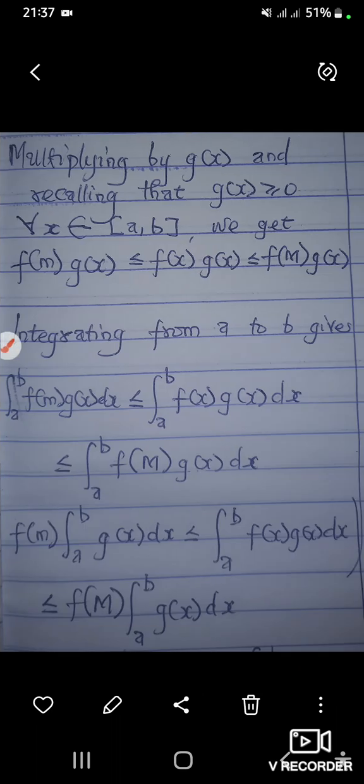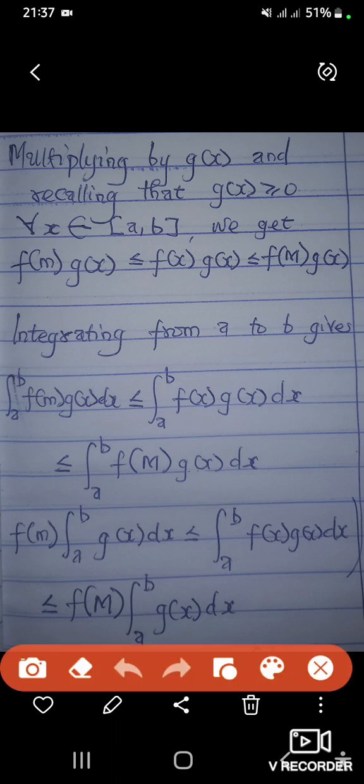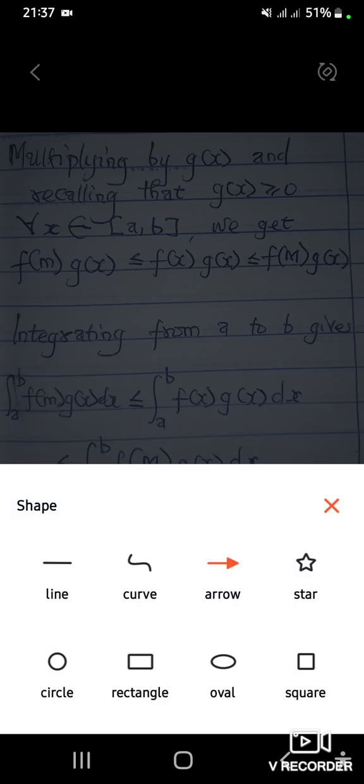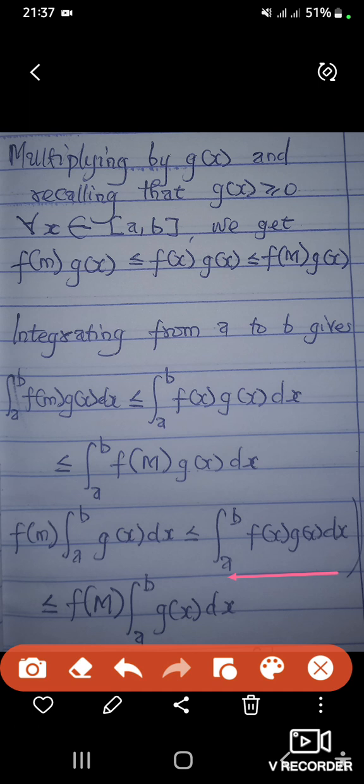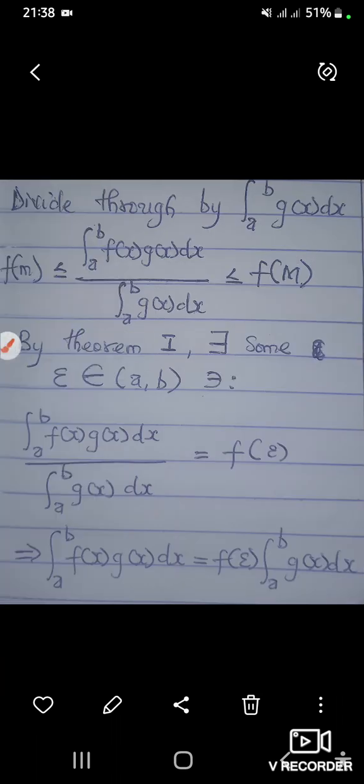Now I'm going to divide everything here by the integral of g of x. So what will be left after the division will be this: f of m will be alone, f of capital M will be alone, and then we have this.